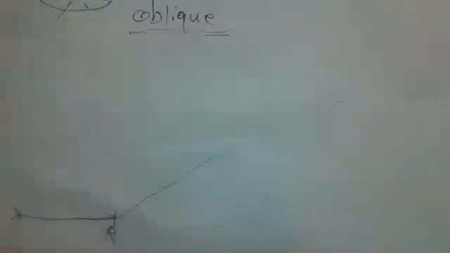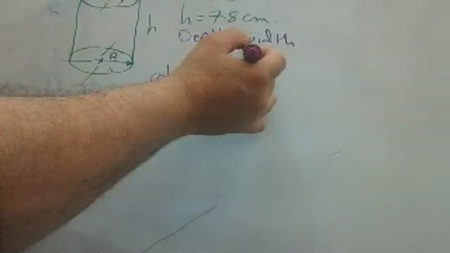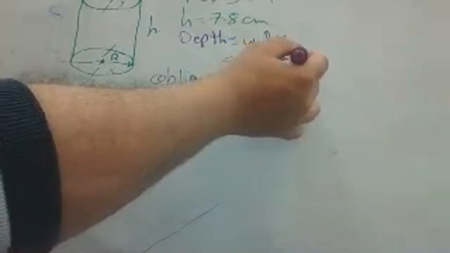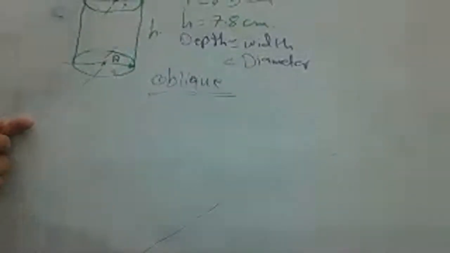The depth equals the width, which equals the diameter of the circle.